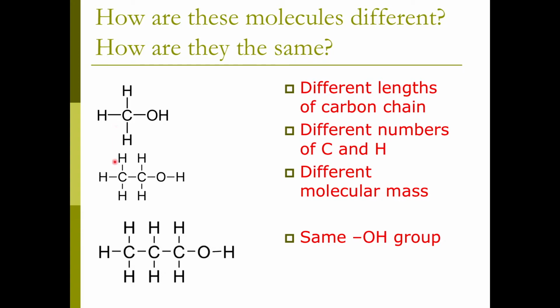This one has one carbon, this one has two, this one has three. The different numbers of carbon or hydrogen, basically the same answer. You could say they have a different molecular mass. This one is going to weigh more than the first one. But what's the same about them is they all have this OH group right here. And that's going to be important. This OH group makes it an alcohol. All right?